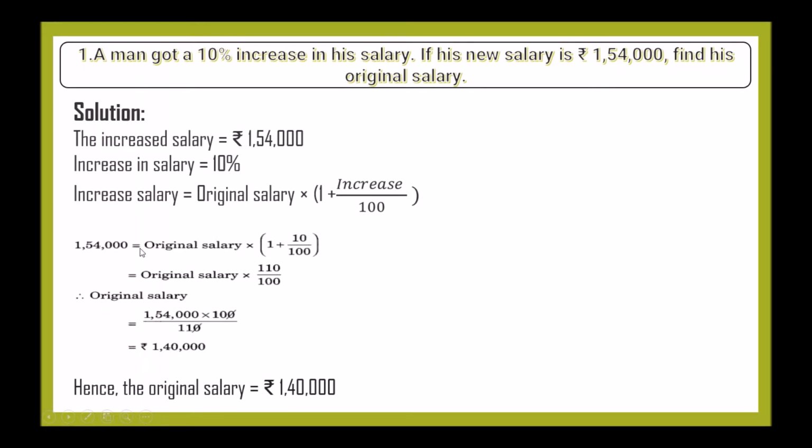So 1,54,000 equals original salary into 1 plus 10 upon 100, so original salary into 110 upon 100. So original salary equals 1,54,000 into 100 divided by 110, that is rupees 1,40,000. So the original salary is rupees 1,40,000.